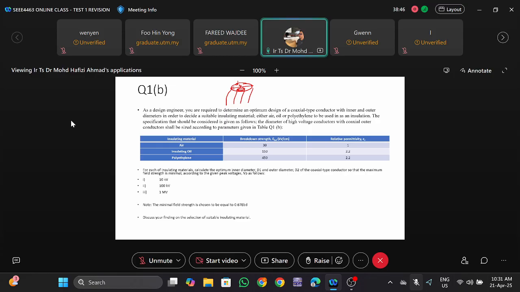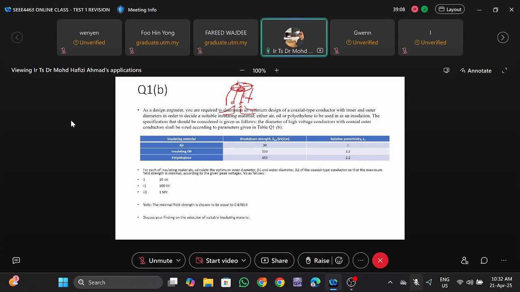As we know, the electric field at the surface of the inner conductor is the maximum that we can see, isn't it? The electric field will be distributed from there.